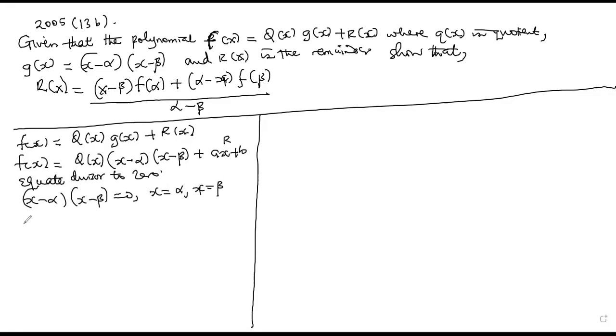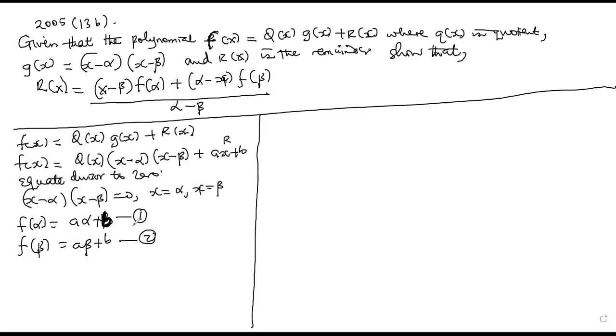For f of alpha, wherever we find x we put alpha. So alpha minus alpha, the whole of this is 0, so it is going to be a alpha plus b. I call this my equation 1. And for f of beta, wherever there is x, we put beta. Beta minus beta becomes 0, so we shall have a beta plus b. Sorry, this is b, not beta.